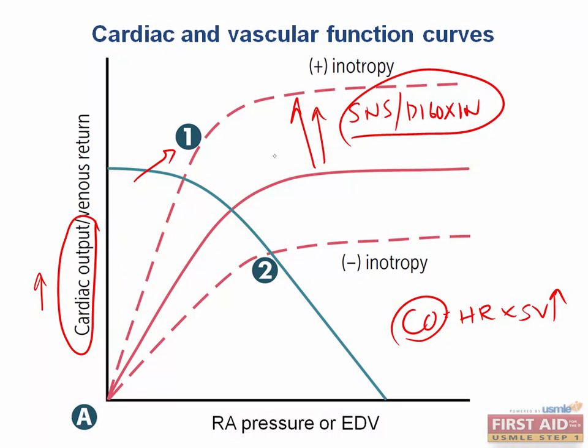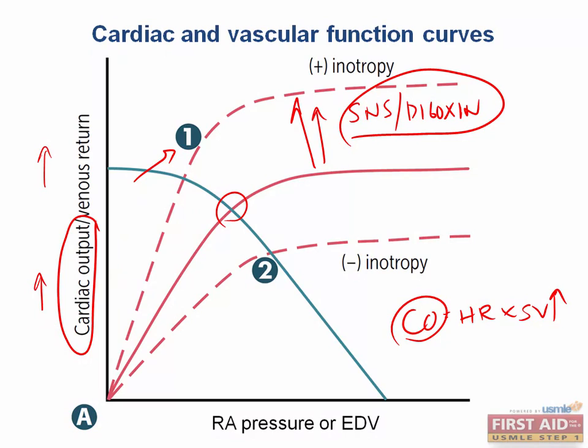And just like we said, the operating point of the heart is where the venous return equals the cardiac output. We're increasing our cardiac output, therefore we should increase our venous return because that blood will be returning to the right side of the heart. Remember that the sympathetic nervous system will increase the heart rate, and digoxin actually has a depressive effect on the AV node, so it can cause some bradycardia.